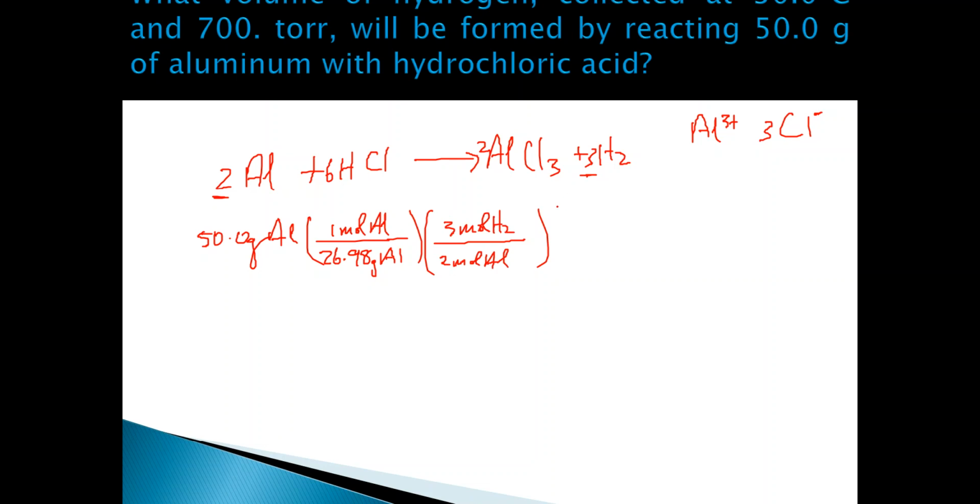Then that would give you the moles of hydrogen. So let's work that out first. That's 50 divided by 26.98 times 3 divided by 2. And according to my calculations, this works out to be equal to 2.78 moles of hydrogen.